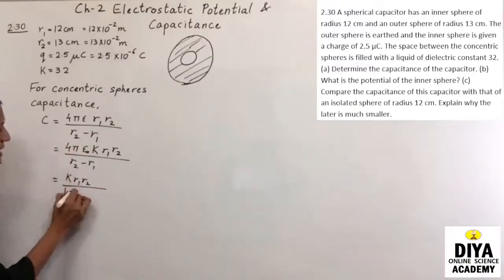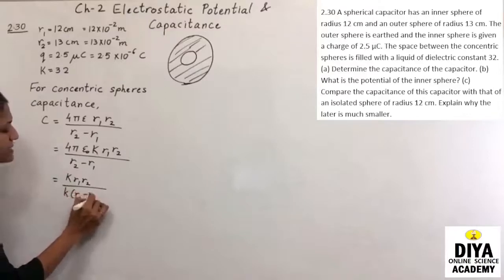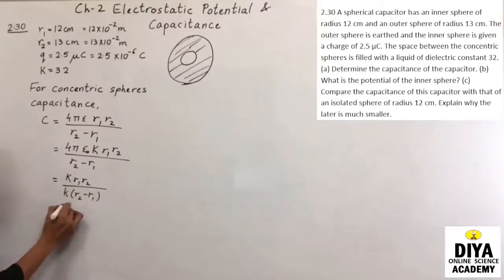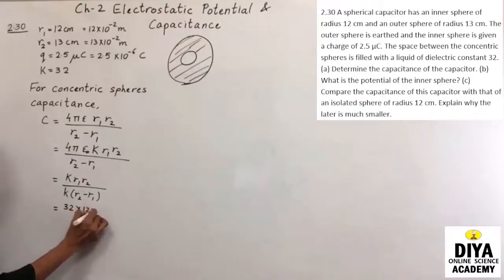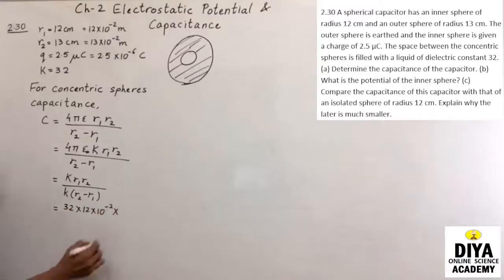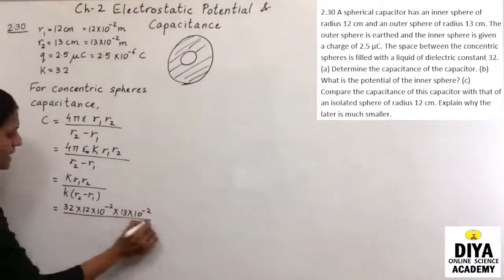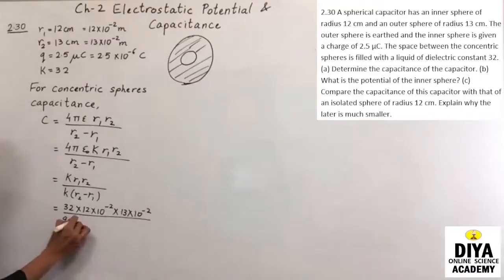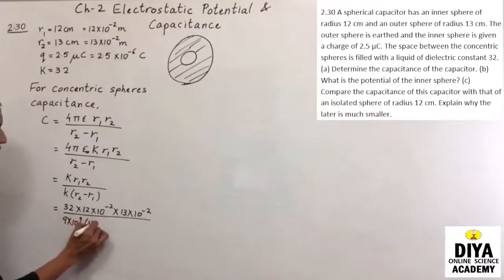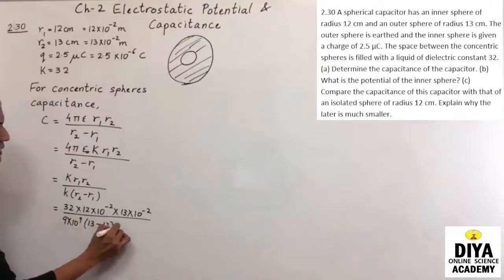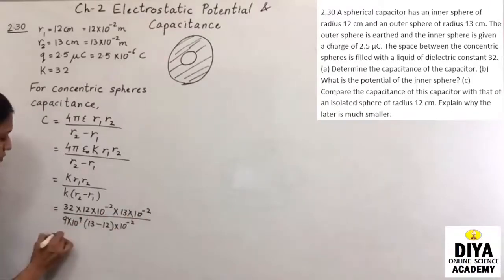So it equals 32 into r1, which is 12 into 10 raised to minus 2, into r2, which is 13 into 10 raised to minus 2, divided by small k, which is 9 into 10 raised to 9, into r2 minus r1, which is 13 minus 12 into 10 raised to minus 2 taken out as common.